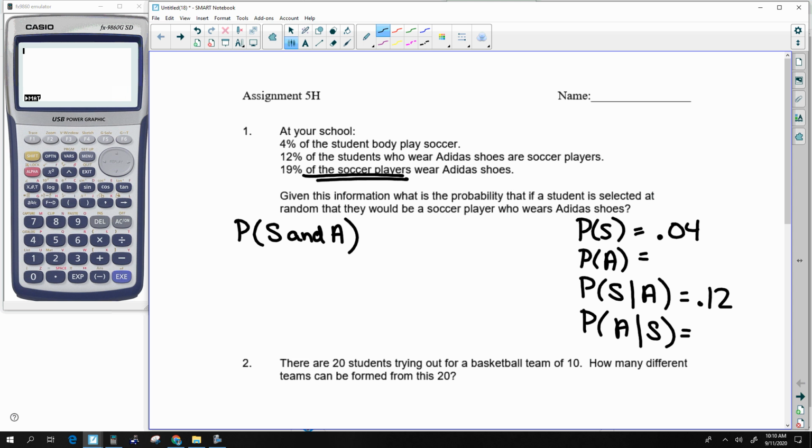So given that they are a soccer player, who wear Adidas shoes, that'd be 19%.